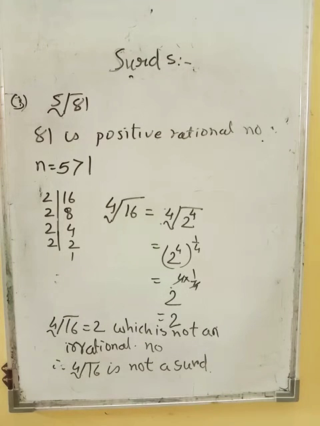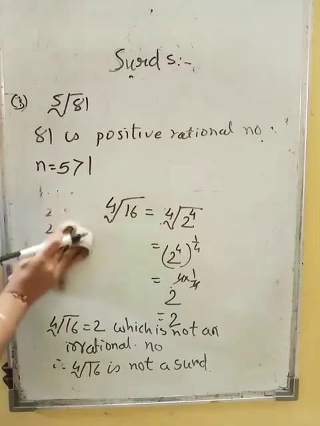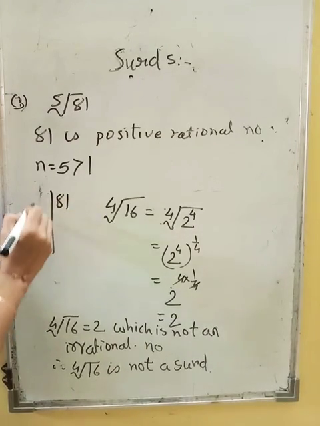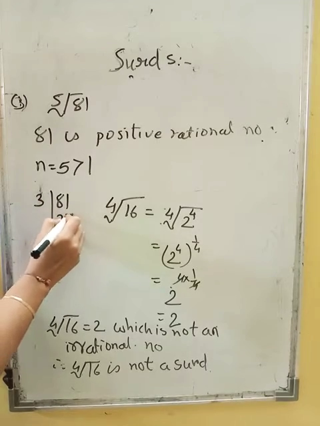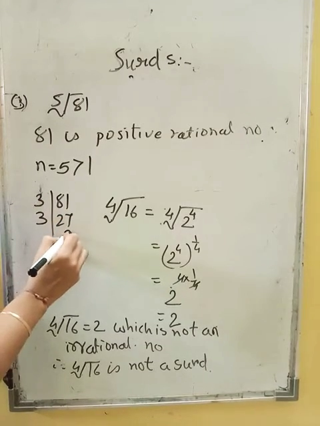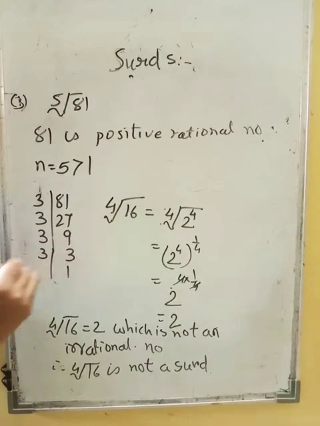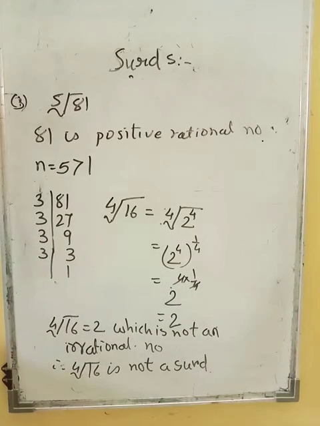So this is clearly visible, right? And then we'll factorize 81 now. 81 divided by 3 is 27, divided by 3 is 9, divided by 3 is 3, divided by 3 is 1. So we had 3 raised to 4. But here it is 5, so you will get an irrational number.